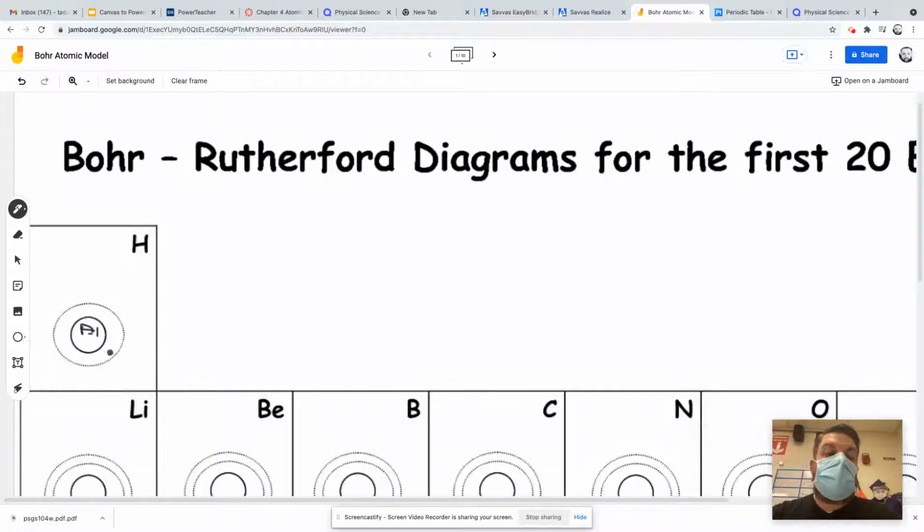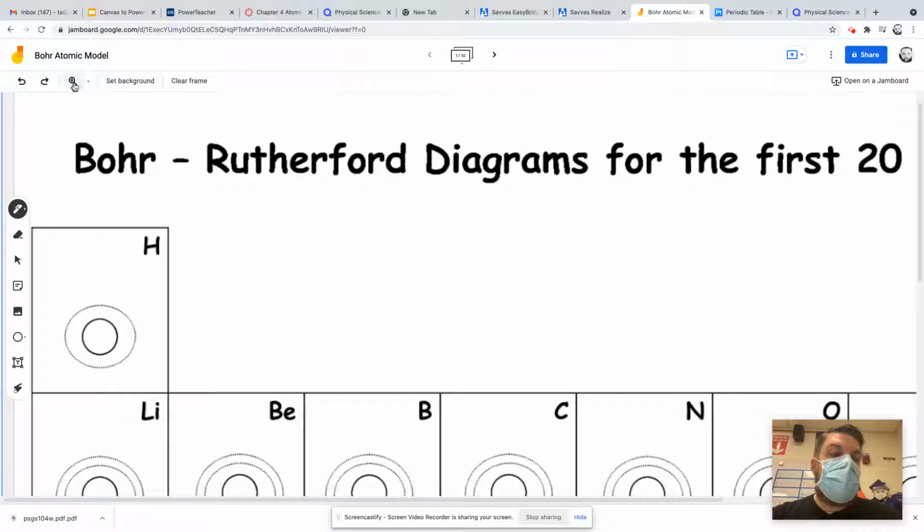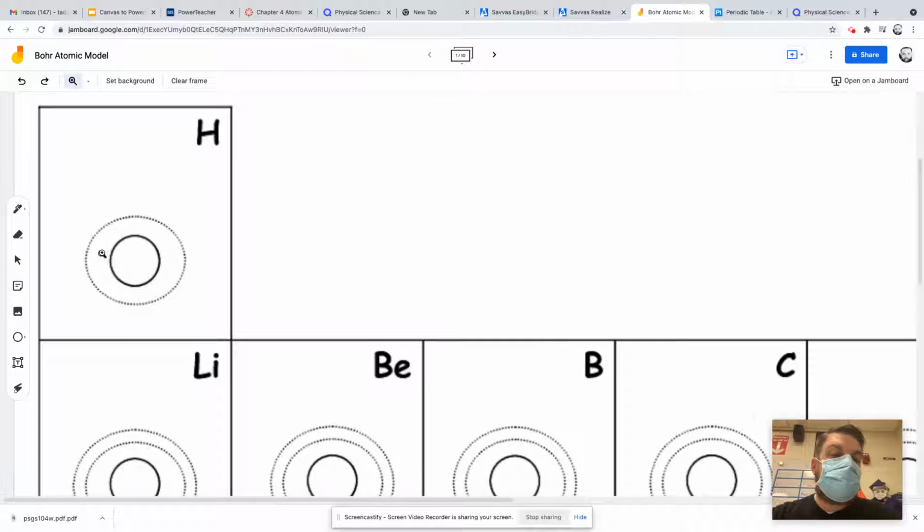Okay? Now, let me draw it a little bit. Let me undo this and I'll zoom in a little bit more. So that means that it has 1 proton. So this was your assignment yesterday. Okay?